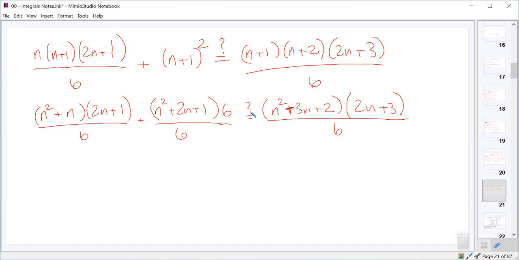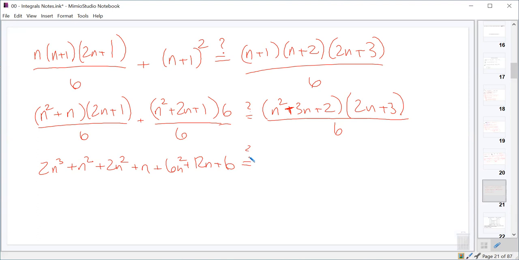So now I need to distribute out n squared plus n times 2n plus 1. So 2n times n squared ought to be 2n cubed. And then n squared times 1 ought to be n squared. And 2n times n ought to be 2n squared. And n times 1 ought to be n. And if I distribute the 6 through this, I've got 6n squared plus 12n plus 6.